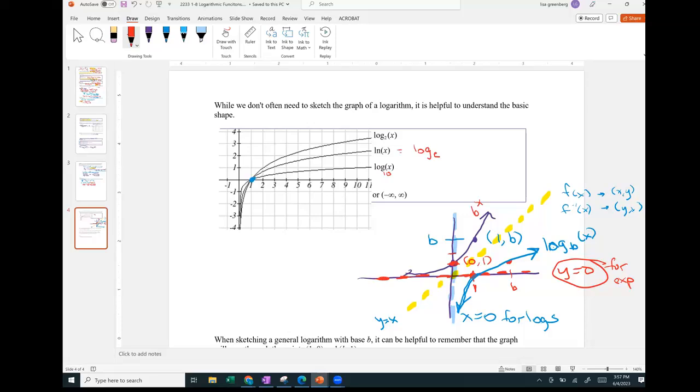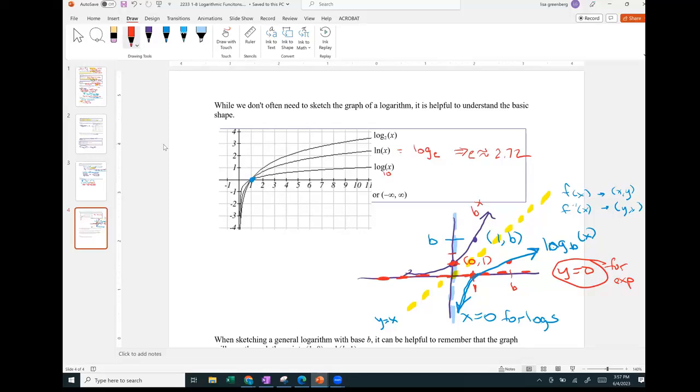Log base 2 has the biggest slope. Log base e, remember e is approximately 2.72. And the last one, b is 10. So we can tell how the shape is changing, and it depends on the base.